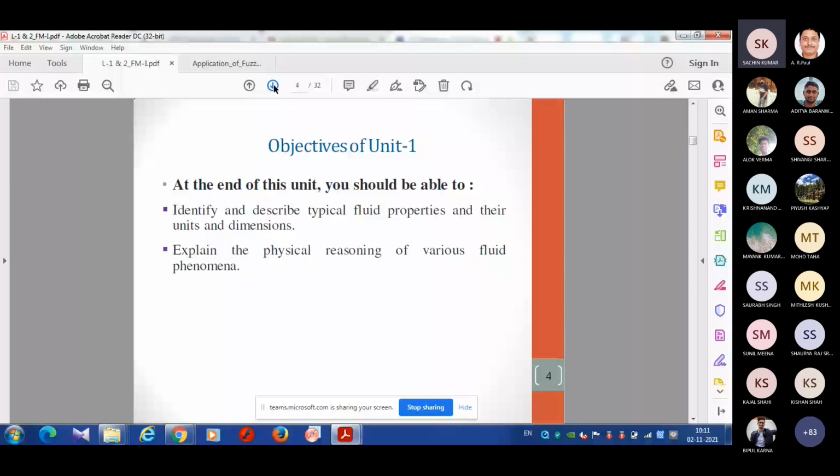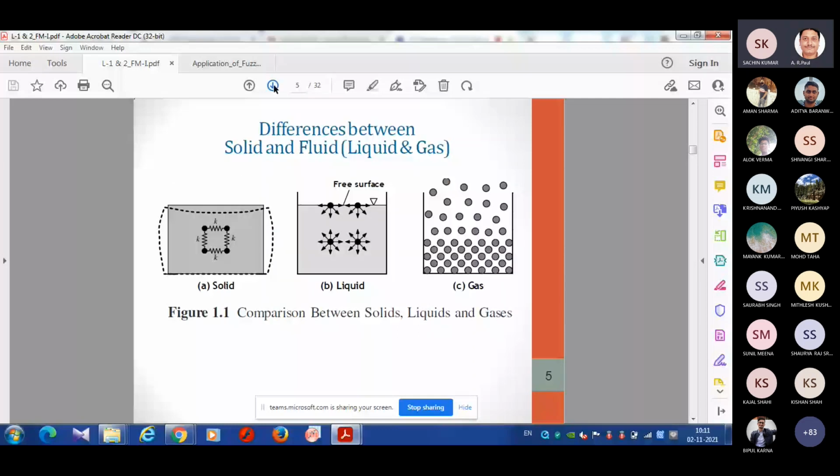The old question comes again and again. You might have faced these questions innumerable times: the difference between solid and fluid, and fluid further classified as liquid and gas. What is the difference between solid and fluid, and then liquid and gas? We have been answering these questions since our school days.